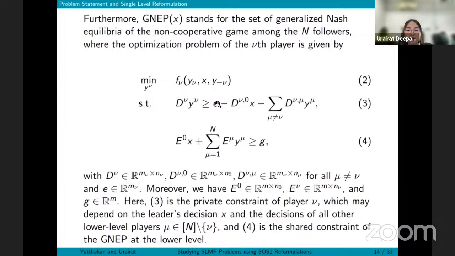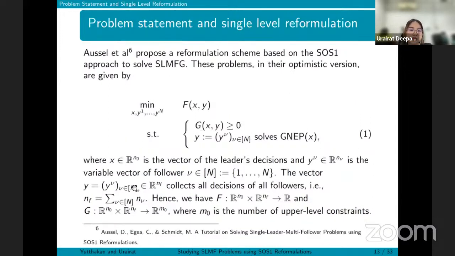You see on the last page, we have N0, M0, and NF. N0 is the number of decision variables of the leader, and NF is defined from the summation of the variables of the followers, and M0 is the number of upper level constraints.